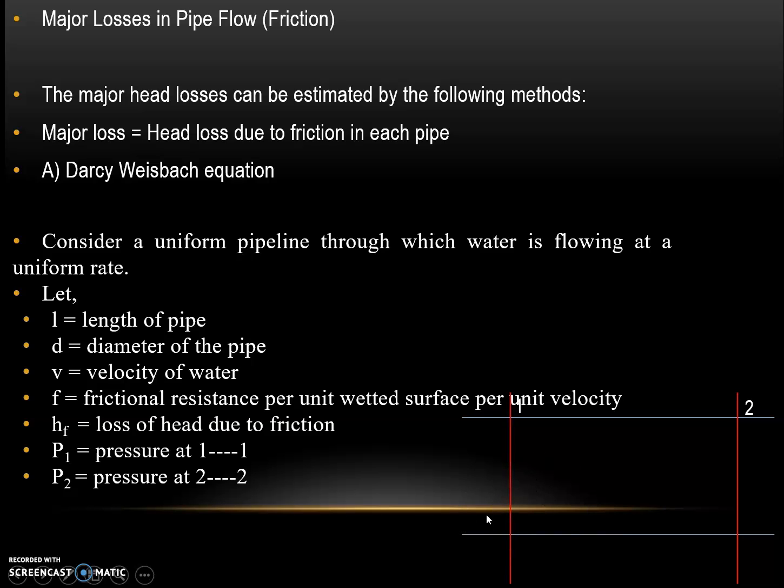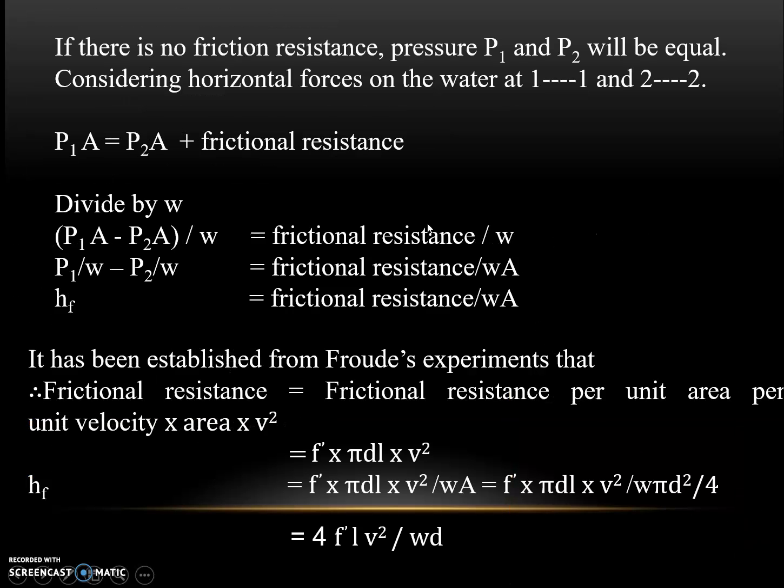P1 is the pressure at section 1 and P2 is the pressure at section 2. If there is no friction resistance, pressure P1 and P2 will be equal. Consider horizontal forces on water at section 1 and 2. We get P1A equal to P2A plus frictional resistance.